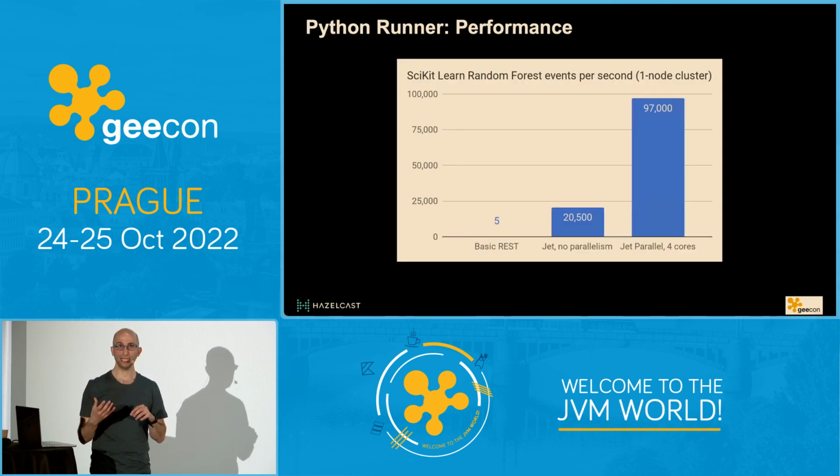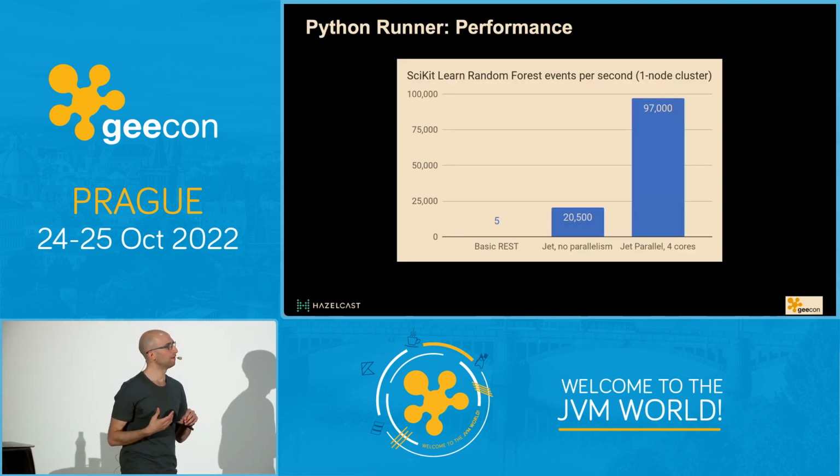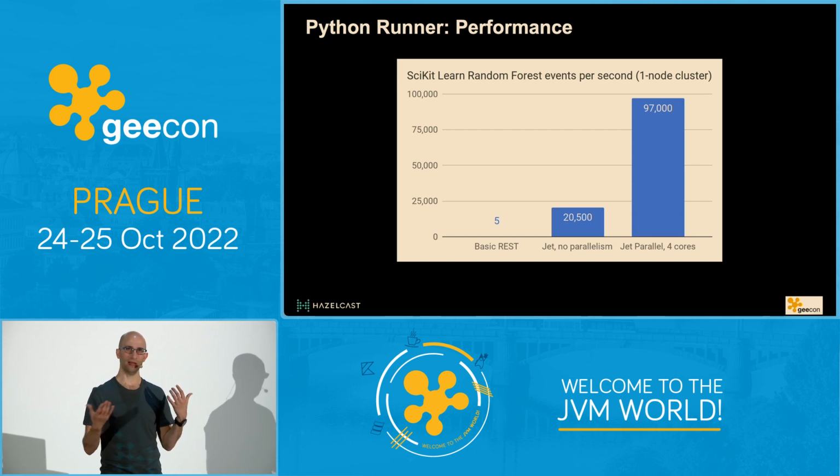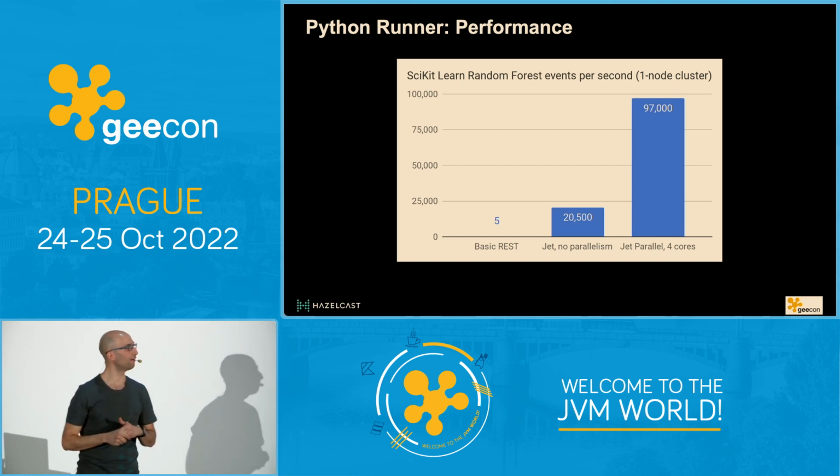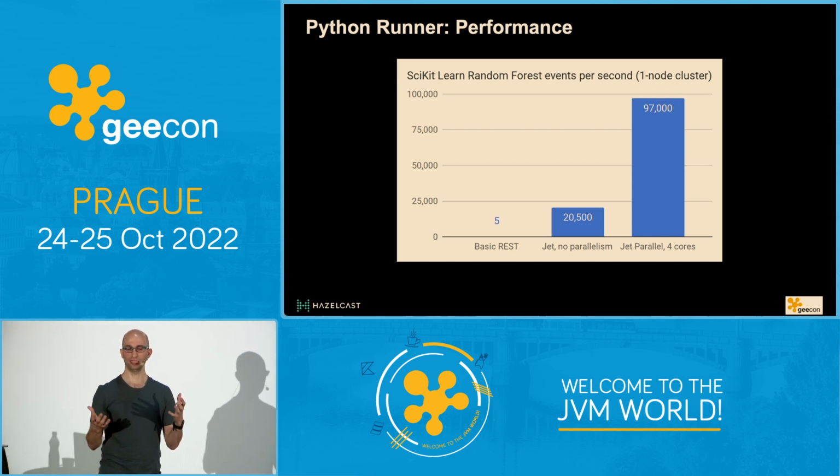And now the scaling itself, as you can see, we have different parallelism, depending on how many nodes you have and how many events you can handle per second. If we look at a one node cluster, as you can see here, we have transactions and we have the scikit-learn machine learning algorithm, and we can see the difference.